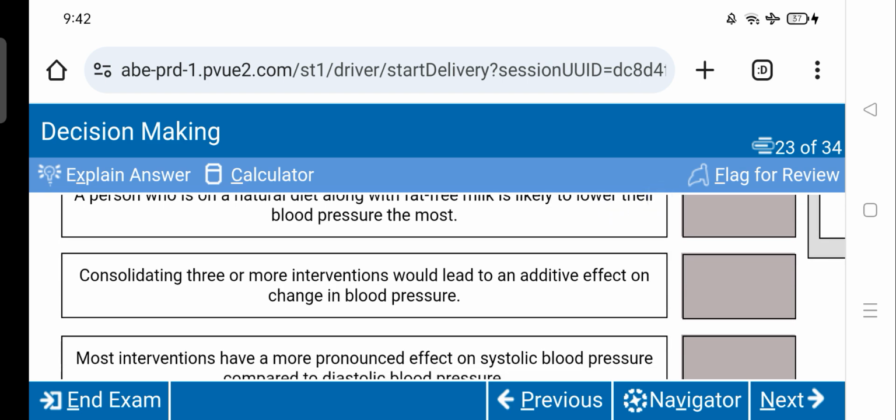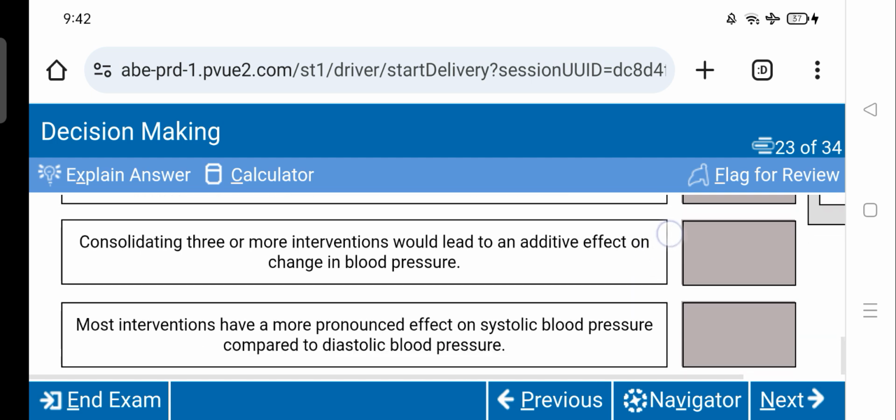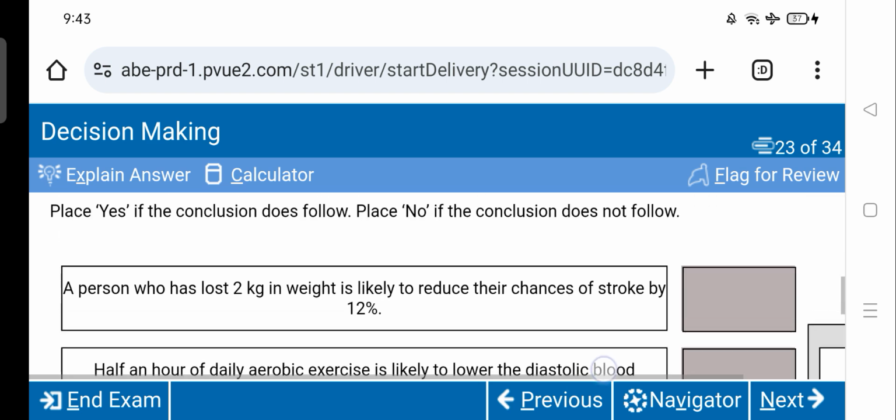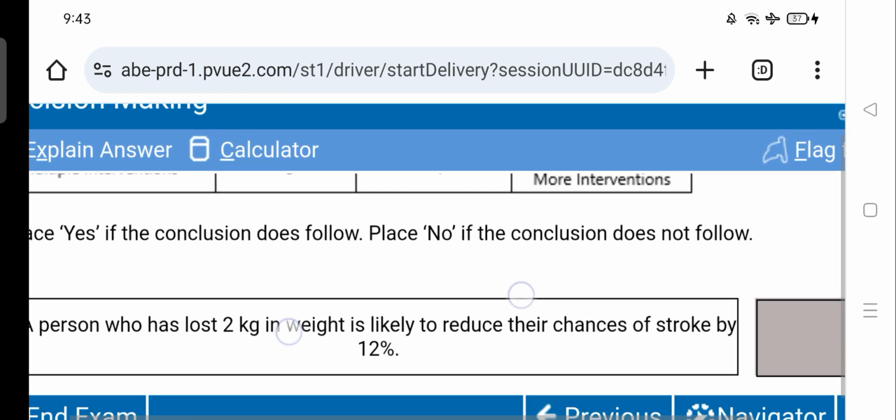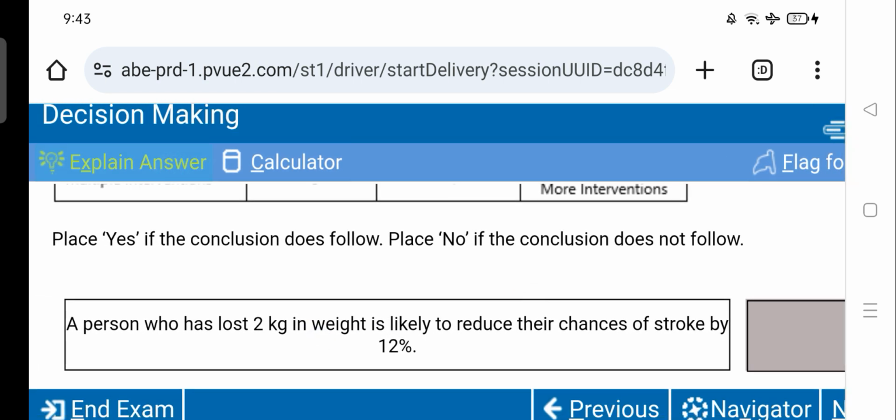Consolidating 3 or more interventions would lead to an additive effect on change in blood pressure. Most interventions have a more pronounced effect on systolic blood pressure compared to diastolic blood pressure. So here we have these conclusions. So let's see which one does follow and which one does not.